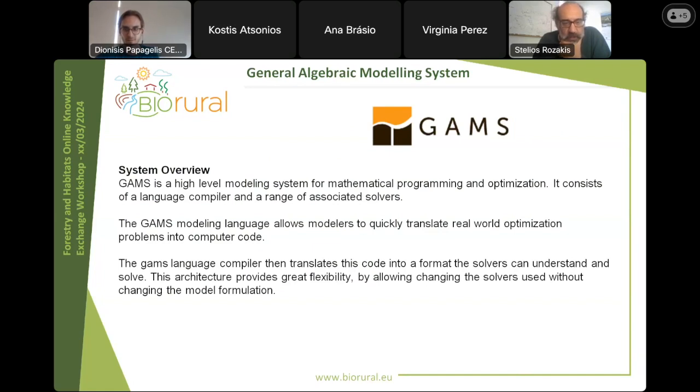GAMS is a quite powerful modeling system, including code, solvers, and interface. It is a pretty straightforward algebraic language, so it's not strange for engineers to model. They don't need special training.